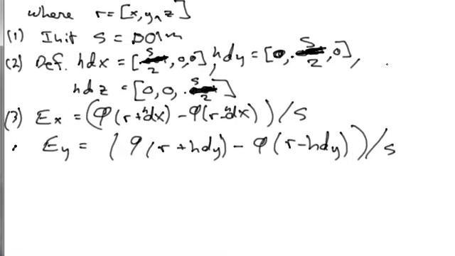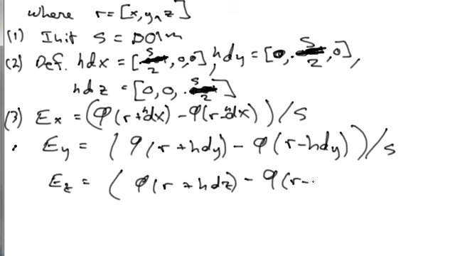Alright. And then ez is phi of r plus h dz minus phi of r minus h dz, all divided by dz, which is s.